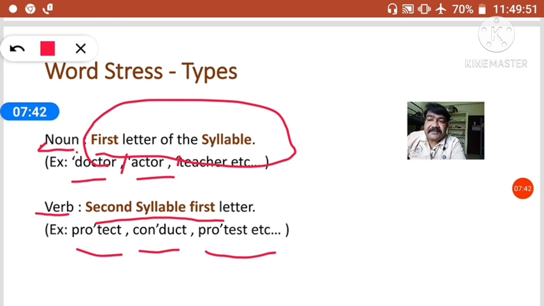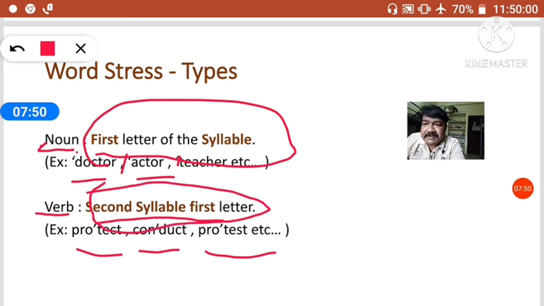And in the verbs, where do we have to keep the stress mark? The second syllable's first letter, meaning here T, here D, here T, right? Where did I keep it? In protect, before T I kept it. In conduct, before D I kept the stress mark.